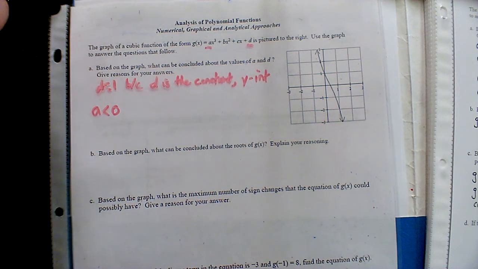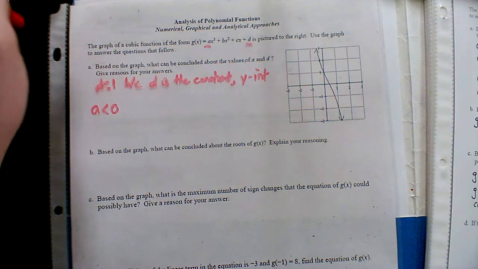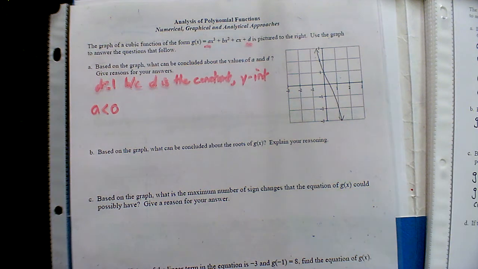Now, it is less than 0. We have that negative direction, but we have the left side going up and the right side going down, and that's because of what? Yeah, odd degree of 3, yeah.